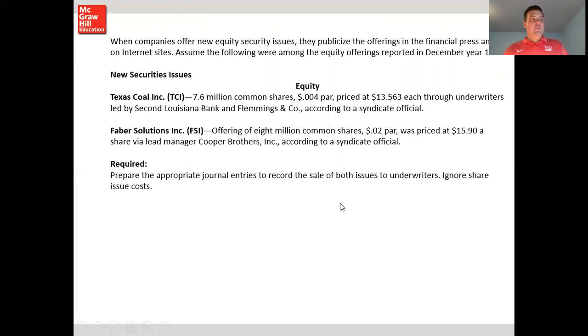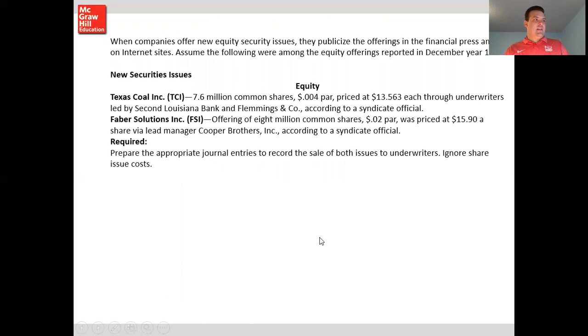Okay, so what we need to do here is journalize these transactions. We have two different ones. We have Texas Coal and we have Faber Solutions. Texas Coal is selling 7.6 million shares at 0.004 par. Price is 15.563 each.